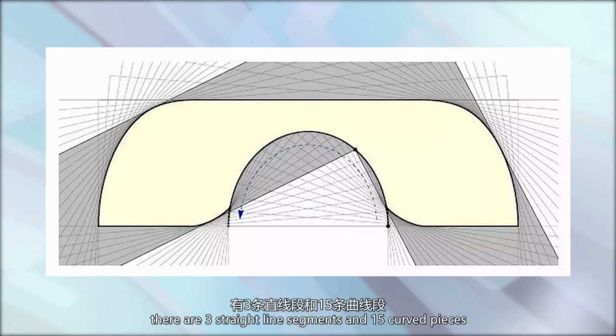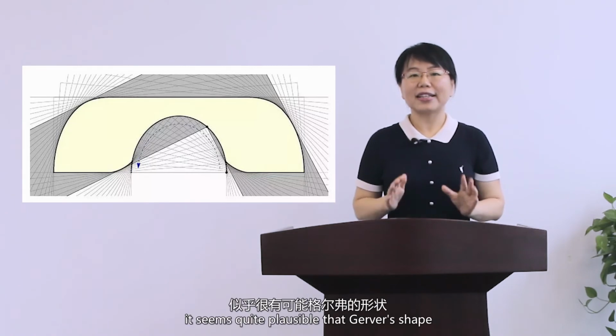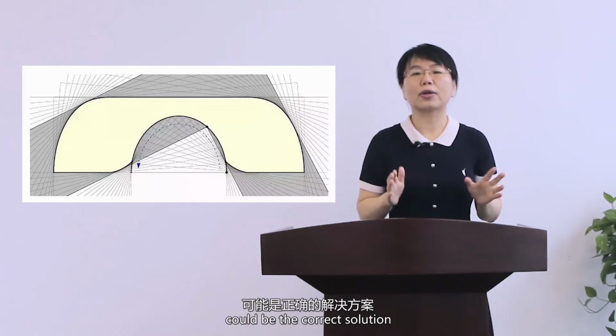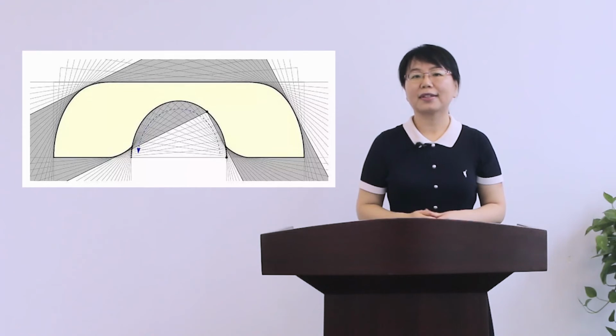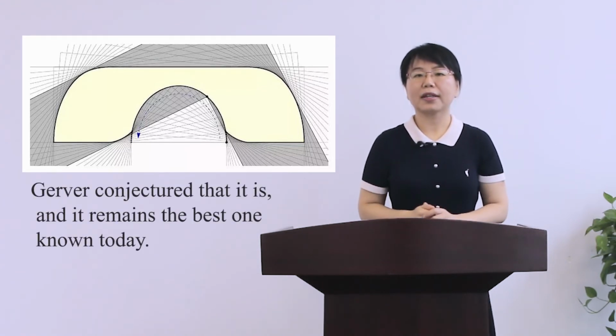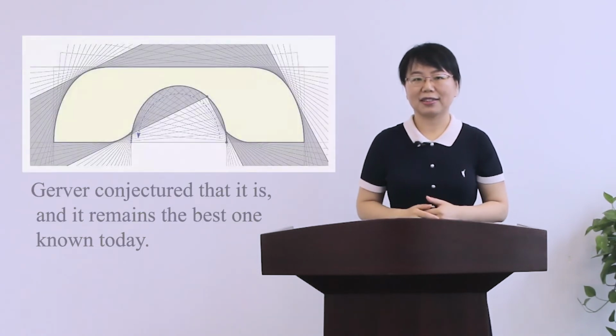There are 3 straight line segments and 15 curved pieces, each described by its own formula. Thus, it seems quite plausible that Gerver's shape could be the correct solution. Gerver conjectured that it is, and it remains the best one known today.